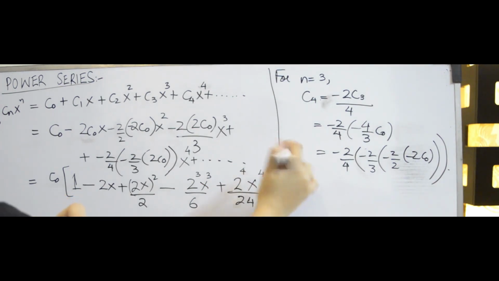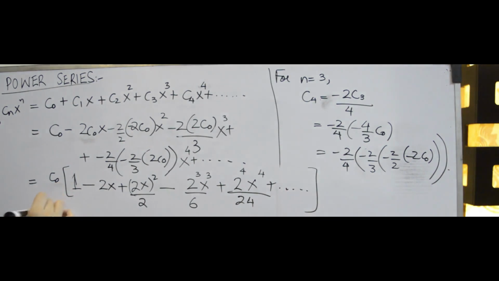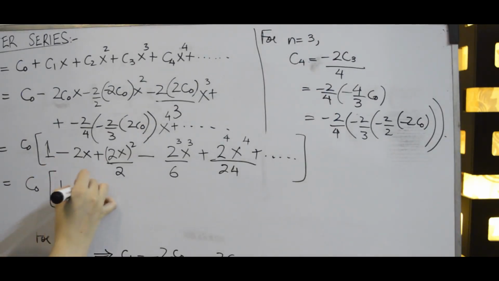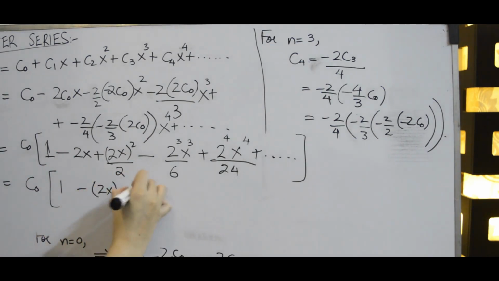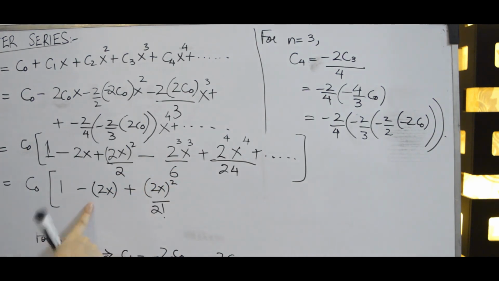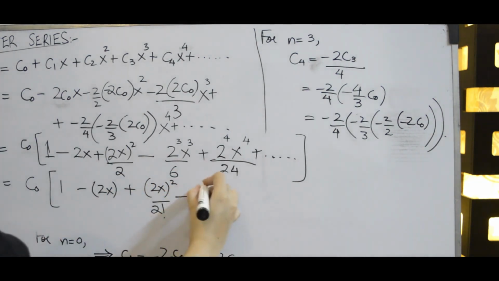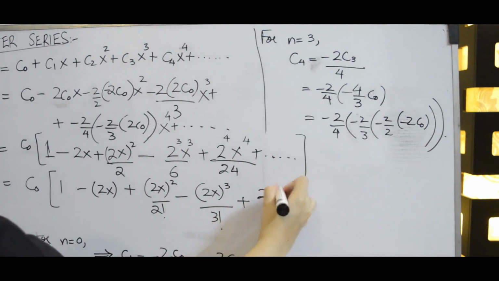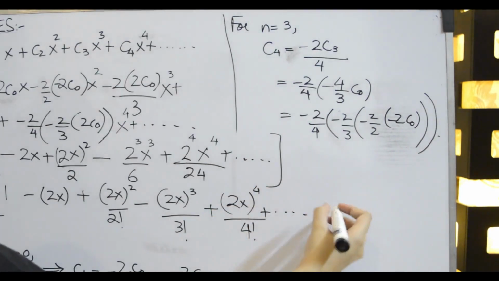So this is a pattern that you can see, and I am writing in the next step: C naught times 1 minus 2x plus 2x whole square by 2 factorial, minus 2x whole cube by 6, meaning 3 factorial, plus 2x to the power 4 by 4 factorial, and so on.